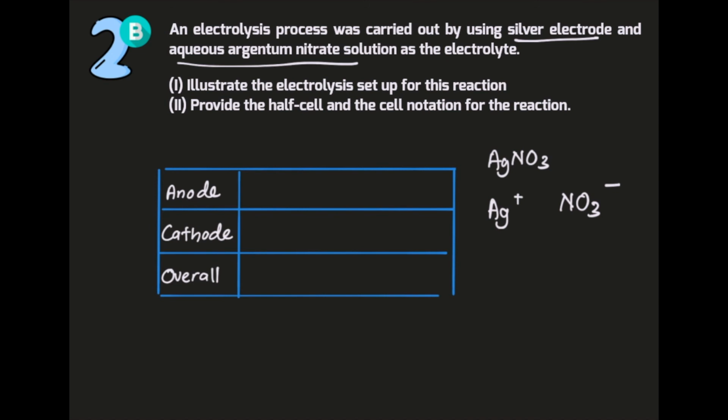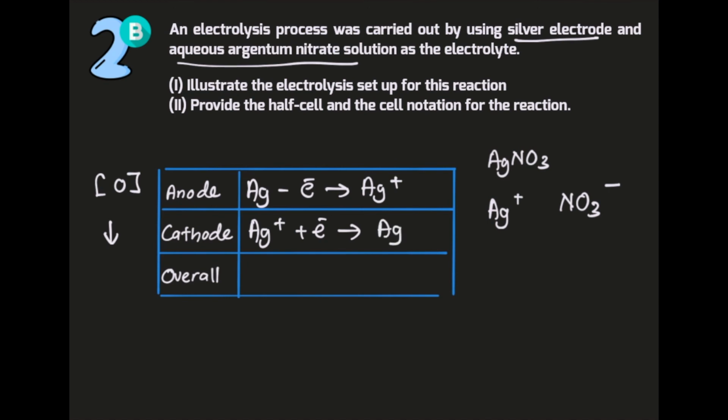In the anode, where oxidation occurs, we have Ag minus electron, which produces Ag+. And the cathode, red cat, undergoes reduction. Reduction always happens at the cathode, red cat. So we have Ag+ plus electron, you will have your Ag.